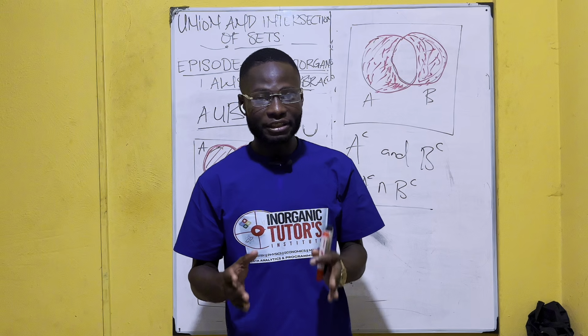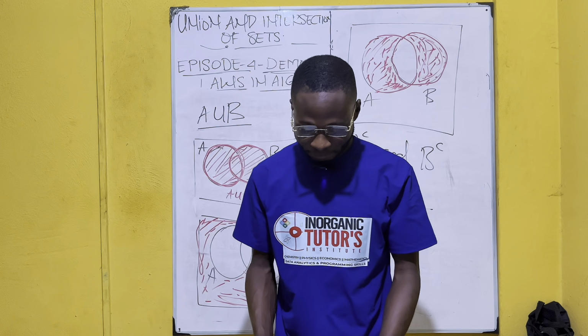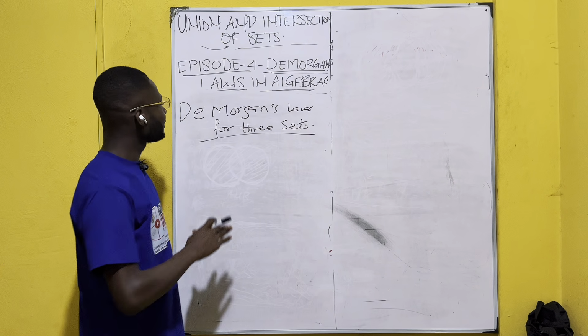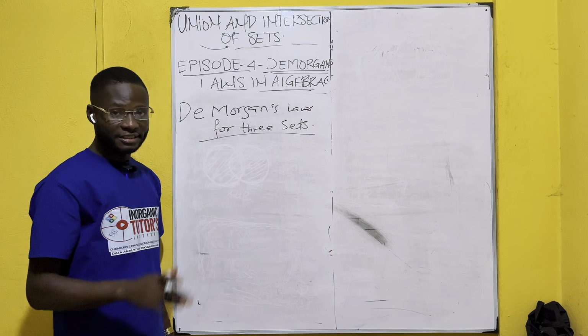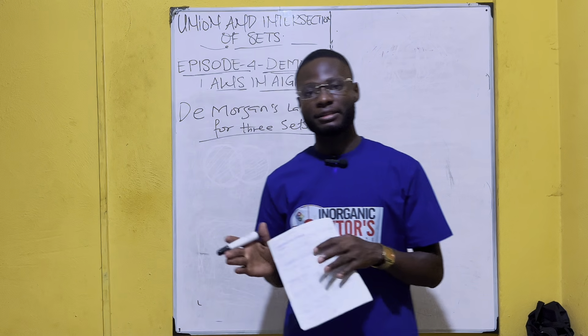Once we are done with this section of the lesson, let's look at De Morgan's law for three sets. It's basically just an extension of the two sets, right?